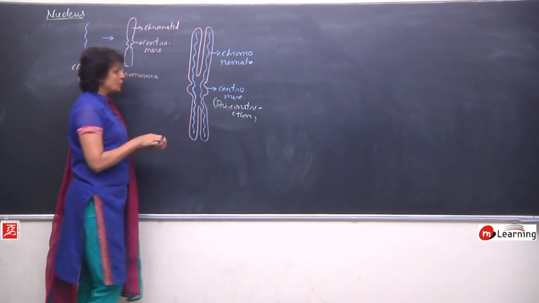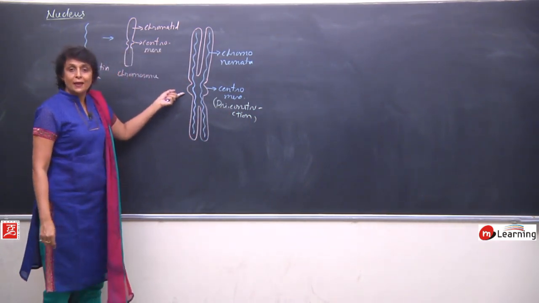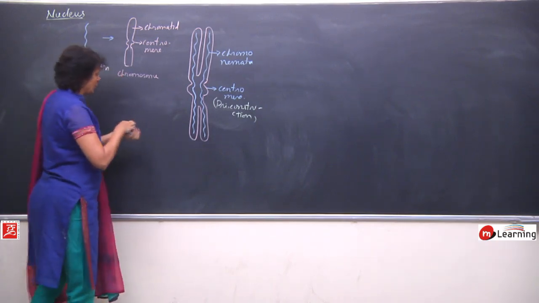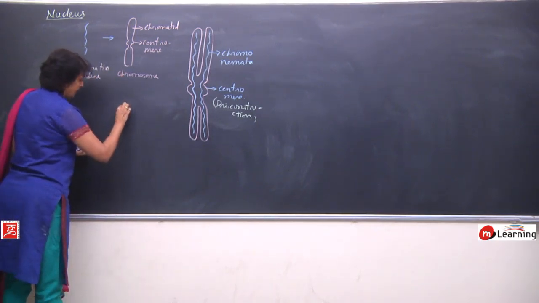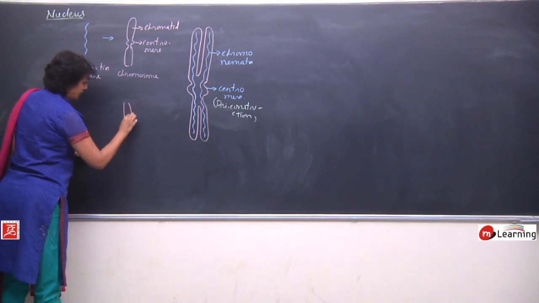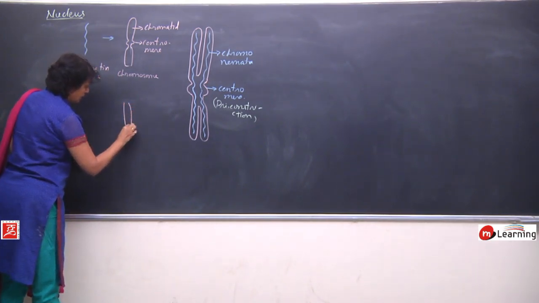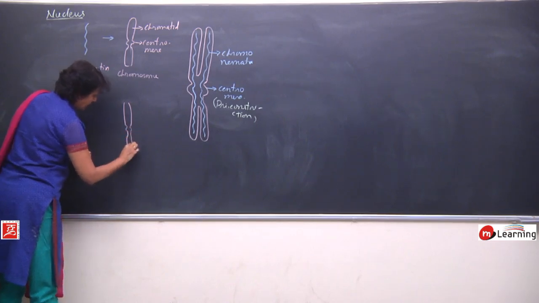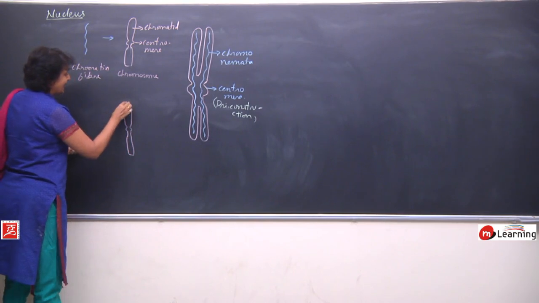In some chromosomes, other than this primary, there is one more constriction. So if we make that chromosome, it would look like the first constriction, that is the primary constriction, and there is one more constriction here.